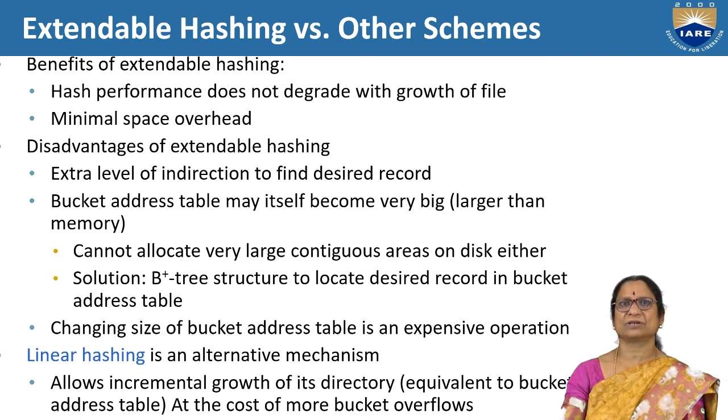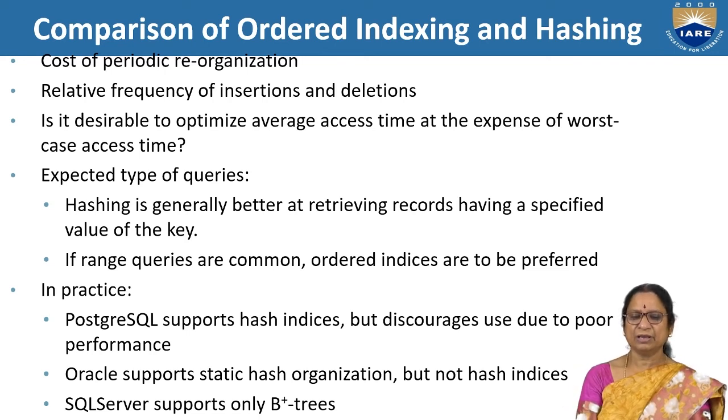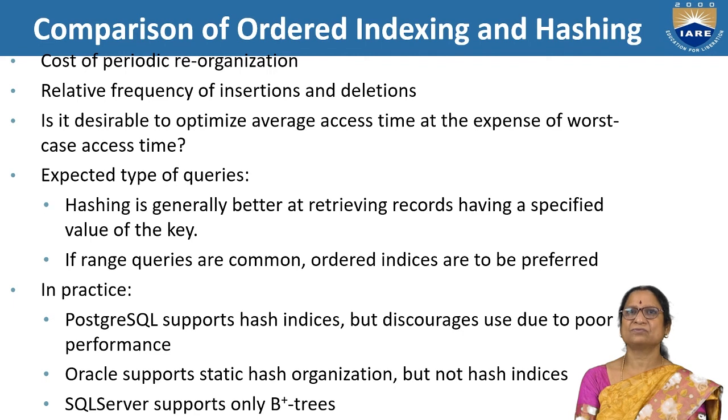While comparing ordered indexing and hashing, we consider the cost of periodic reorganization and the relative frequency of insertions and deletions. In the case of ordered indexing and hashing, it is desirable to optimize average access time at the expense of the worst case access time.